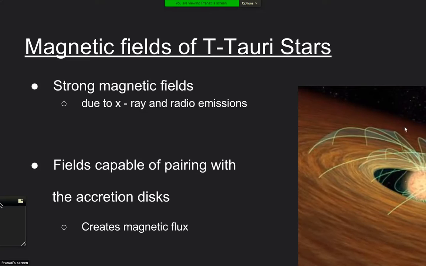As shown in this picture here, you can see green lines. These lines represent magnetic fields, and they are being anchored onto the accretion disks. This anchoring process can concentrate the magnetic flux around the center of the inner disk, giving rise to even stronger magnetic fields.